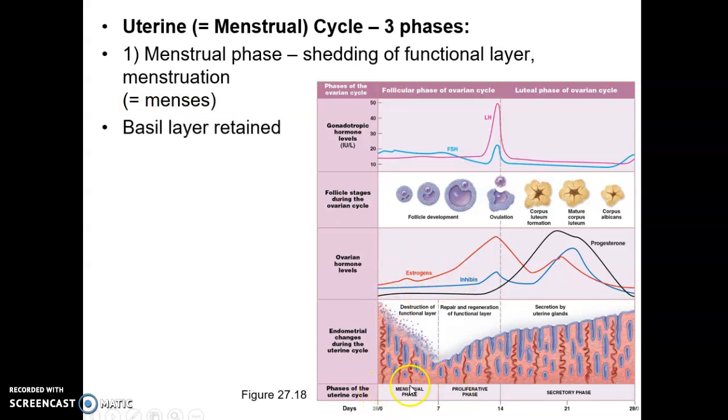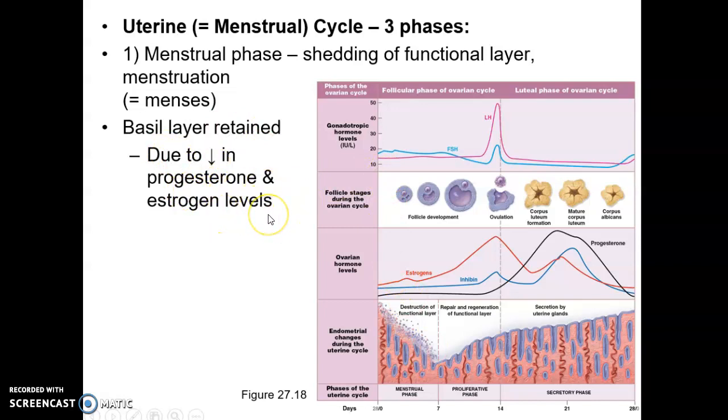The basal layer is always retained. The reason the functional layer is lost is due to a decrease in progesterone and estrogen levels within the female.